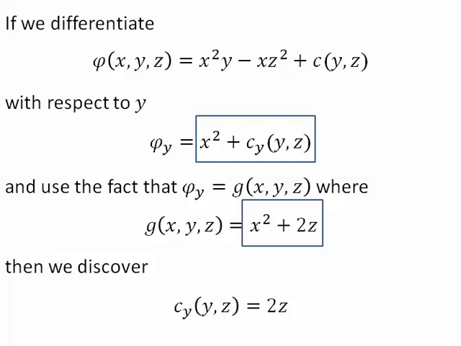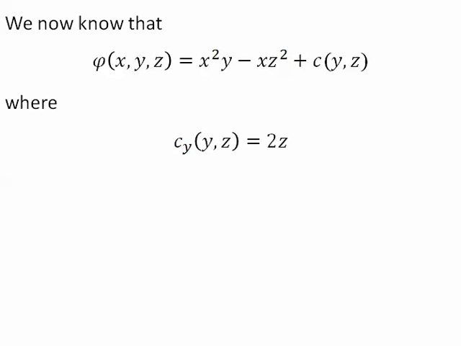All right, so this is where we are right now. We know that phi looks something like this. We also know that the constant of integration, c, we know what its partial would have to look like.